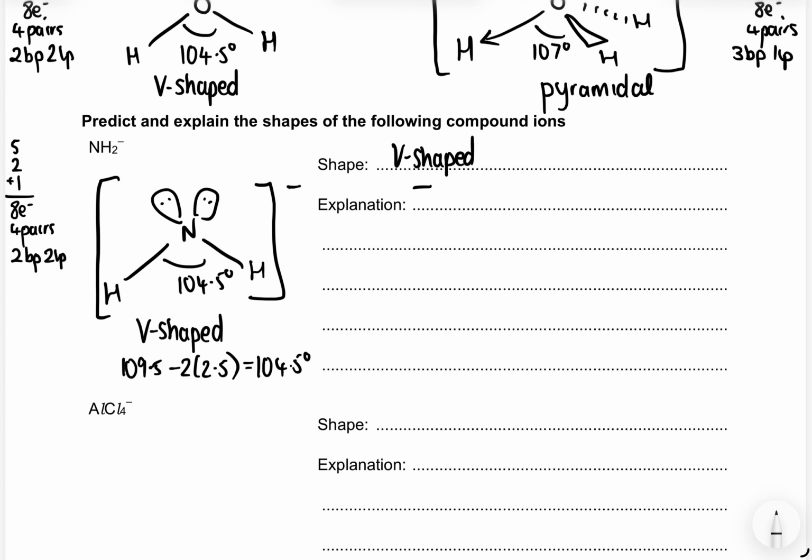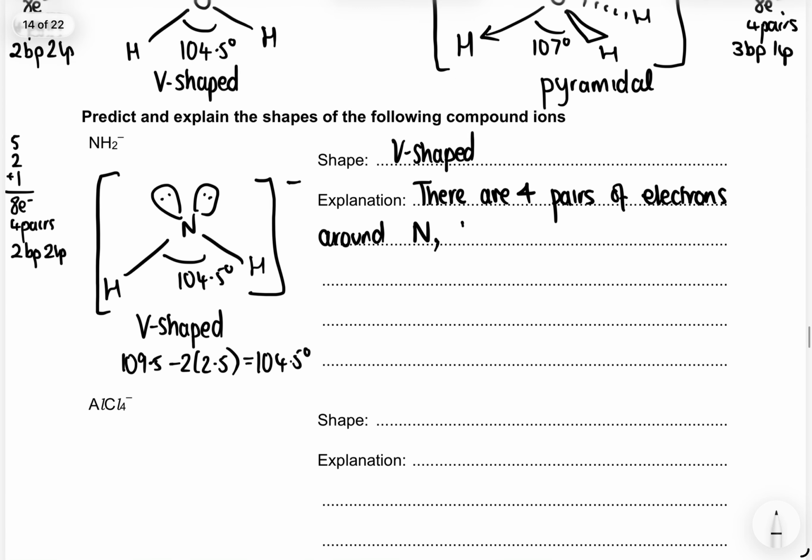So our explanation. First of all, what did we work out using the theory? There are 4 pairs of electrons around the central atom, the central atom being nitrogen. What are they? There are 2 bond pairs and 2 lone pairs.